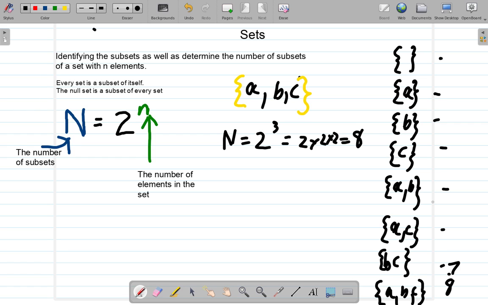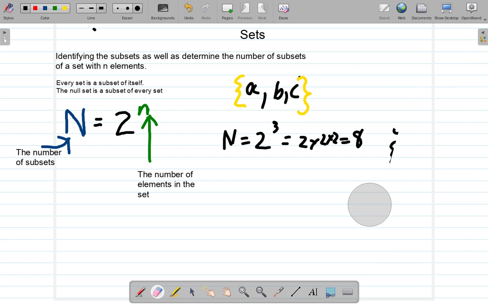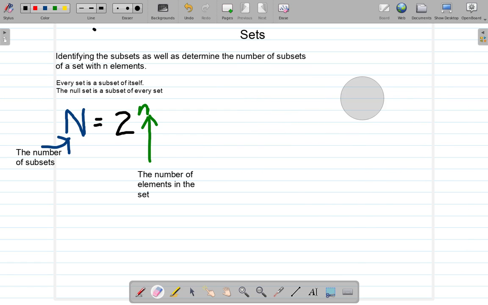Now I want to try one more. Let me erase this and we try one more. We have this set.